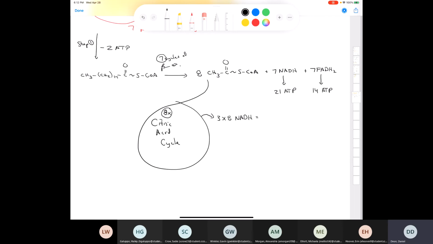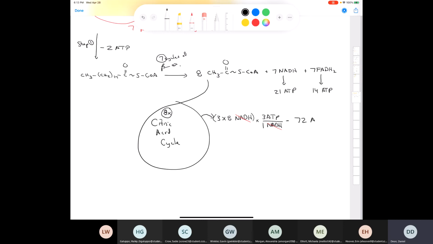If you take your calculator, I'm not going to write down all the math right now. Well, I got room. We have 3 times 8 NADHs. And again, you know the value of 1 NADH, which is 3 ATPs. Right, look, NADH cancels, and we end up with what? 3 times 8 times 3, which gives us 72 ATPs.